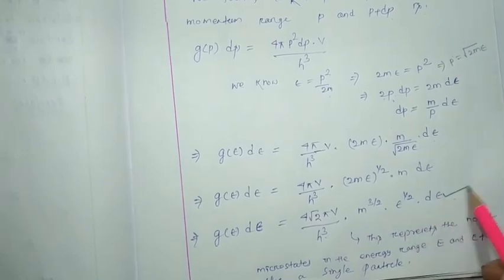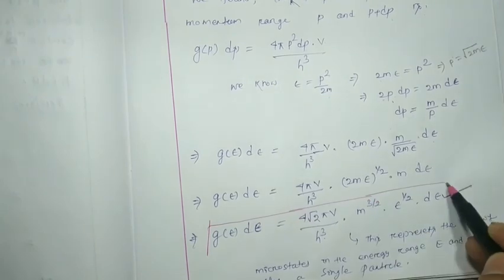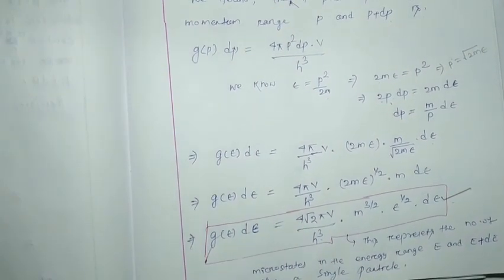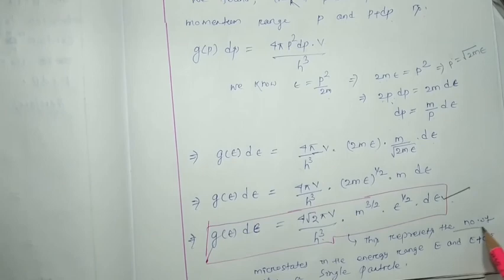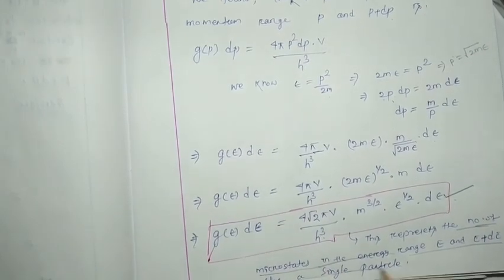So this is the required expression. You can say this is your answer: the number of microstates in the energy range E and E plus dE for a single particle.